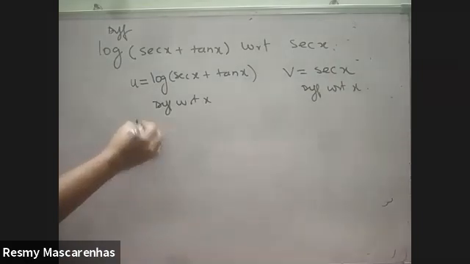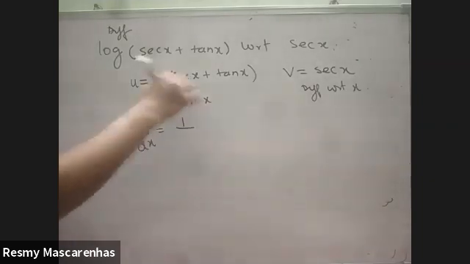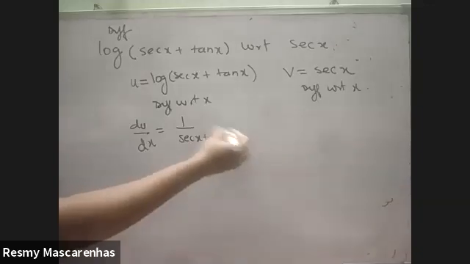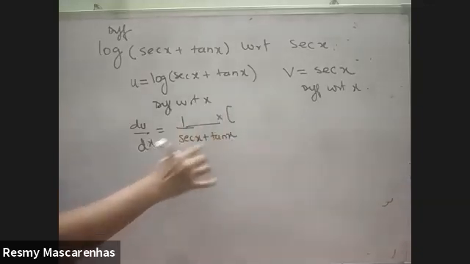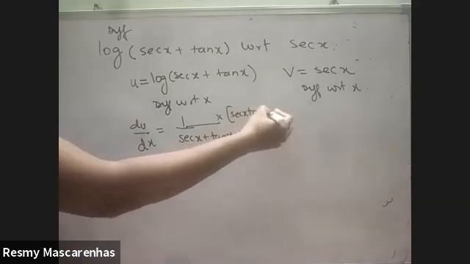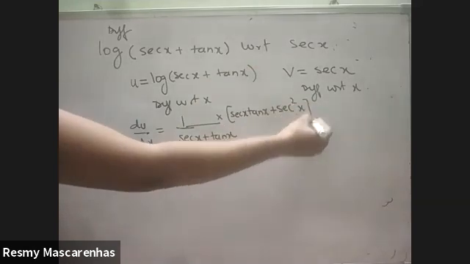So du upon dx will be 1 upon that, into the extra derivative of this. Derivative of sec x is sec x tan x, plus derivative of tan x, which is sec² x.